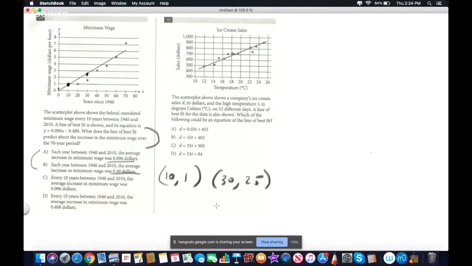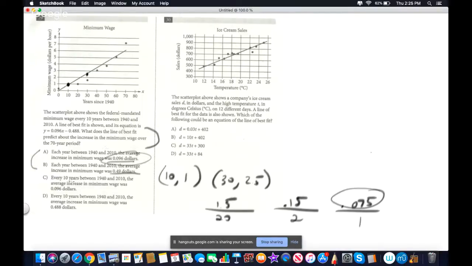It's going to be a change of 1.5 over 20, which is the same thing as 0.15 over 2. I just divided by 10. And then if we divide that by 2, that would be 0.075 or something like that, over 1.